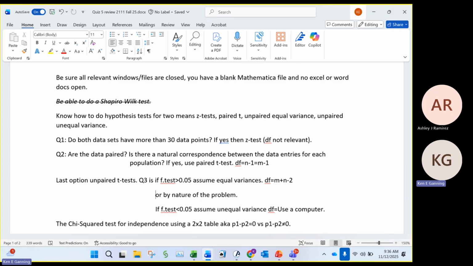The f.test command will give you a two-sided p-value, and that's what we need to know. It's a p-value for equal variances. So can we assume equal variances? If the f.test command gives you a value over 0.05, we're going to assume equal variance. Less than 0.05, we're going to assume unequal variances.